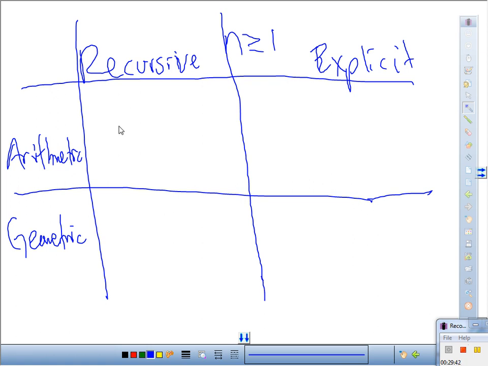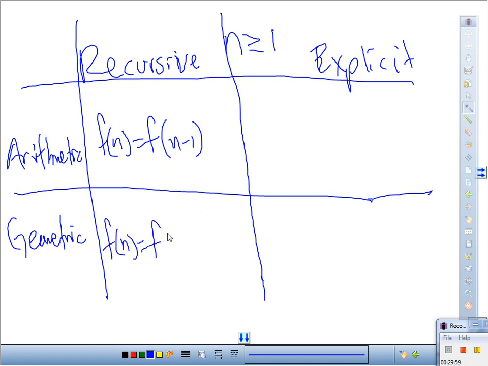Who remembers how both of them start? F of n equals f of n minus 1. Both of them start the same. However, this is arithmetic, so what do we do at the end? Plus b, and this one times r. That is correct. That's the only difference from one to the other. You guys remember these, yes? Your favorite? Good.